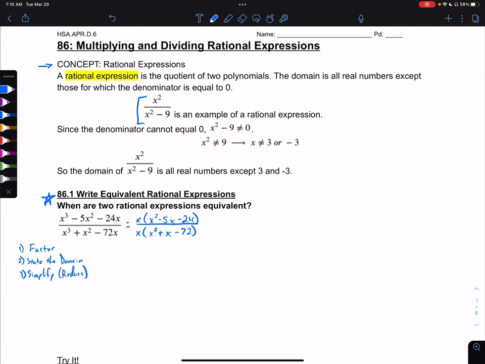Now there will be times that you are done at this step, but you should always look to see if the remaining piece, in this case this trinomial, can be factored still. So we want to look for factors of negative 24 that have a sum of negative 5. So we're going to use our factor sum chart. So I'm going to look for factors of negative 24 that have a sum of negative 5.